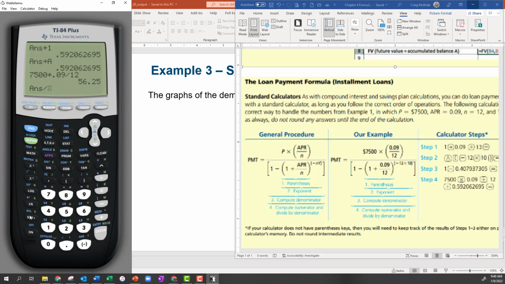Second, recall alpha A, and then hit enter, and there it is, right?